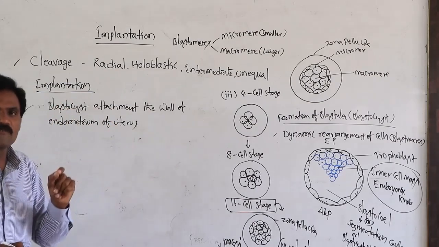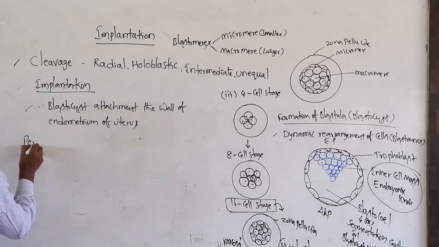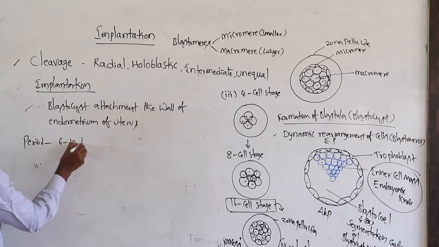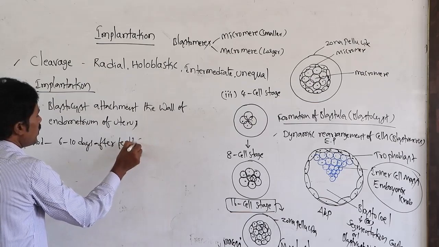What is the period of time for implantation? 6 to 10 days after fertilization.